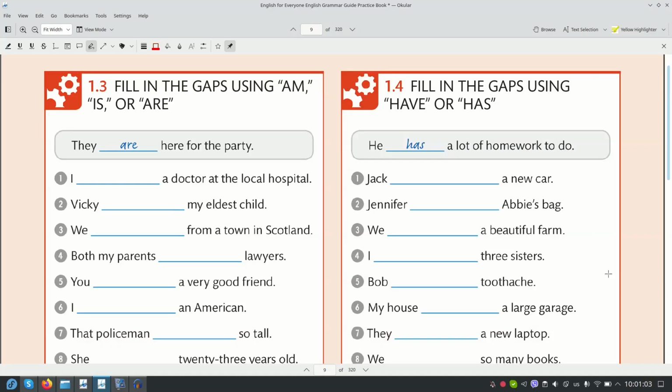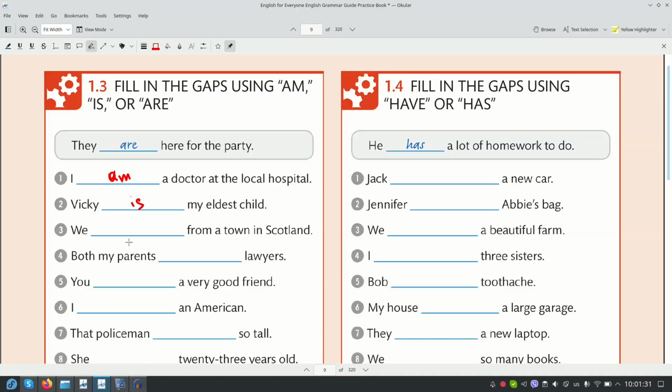So you have sentences which you have to complete with the correct form of the verb to be. So number 1, I am a doctor at the local hospital. Vicky is my eldest child.